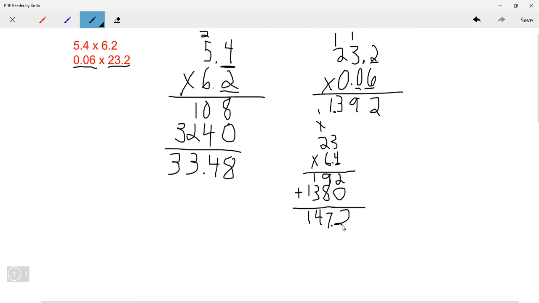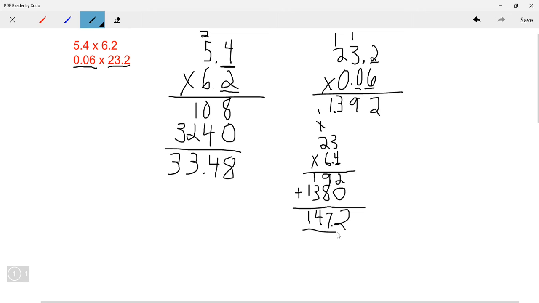Now, one way to think about this is you can estimate these, right? So 6 and 4/10 is close to 6. So this answer should be close to 23 times 6, which equals 138, I think. Don't quote me on that. I did it quickly in my head, so I think that's correct.